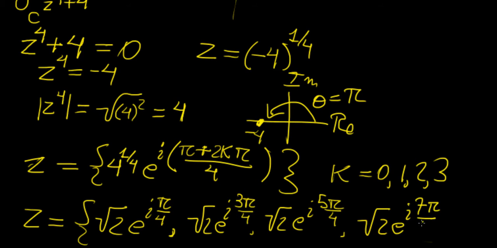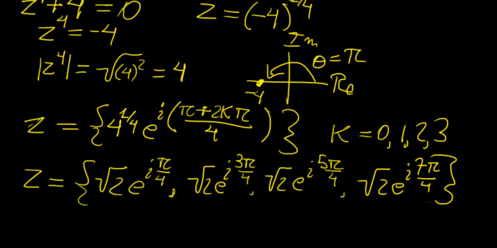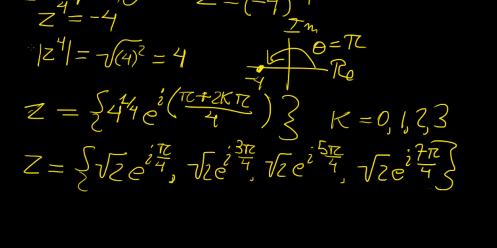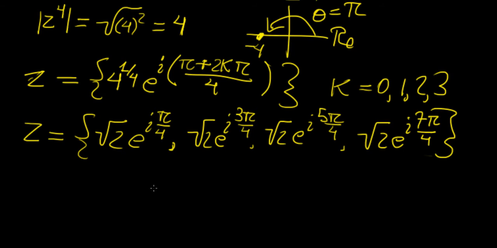So those are going to be the 4 roots from this. And basically, because these are the roots of that equation, these are going to be the poles. These are going to be the values of the poles on our particular problem.